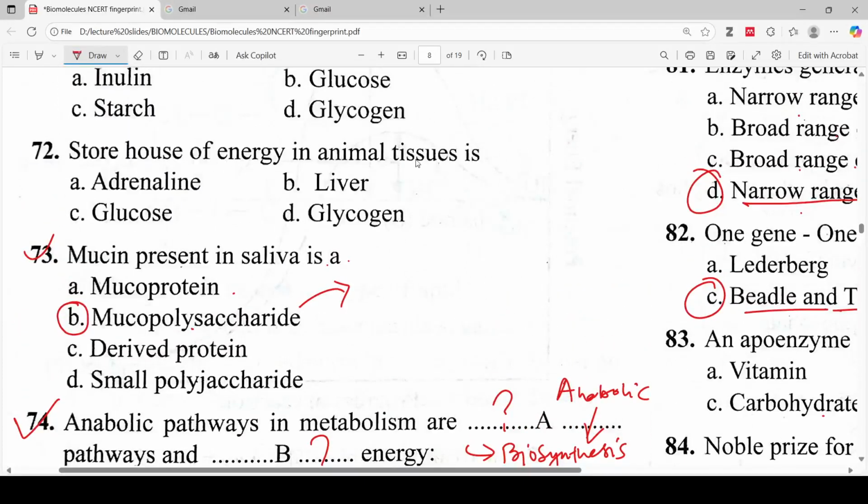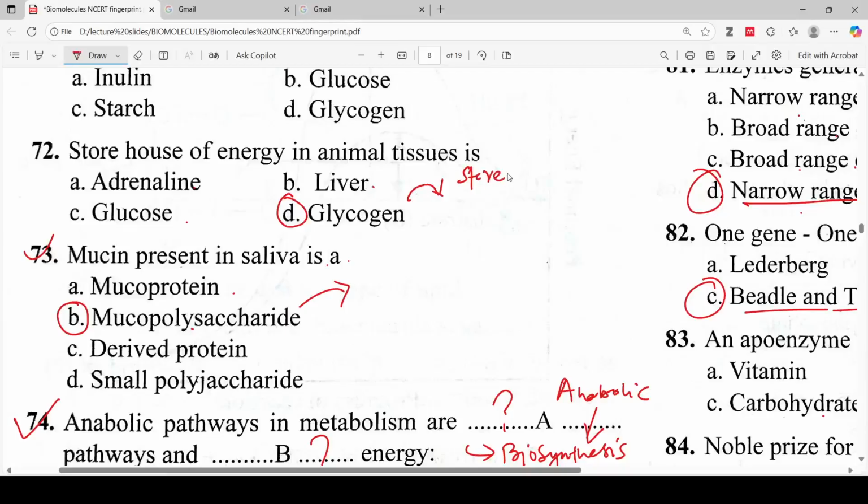Storehouse of energy in animal tissue is adrenaline, glucose, liver, or glycogen. The correct answer for this question is glycogen.